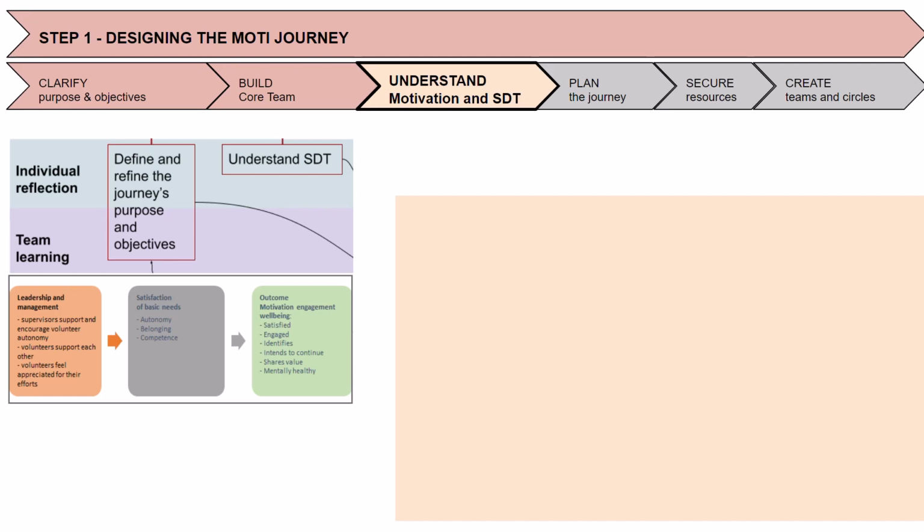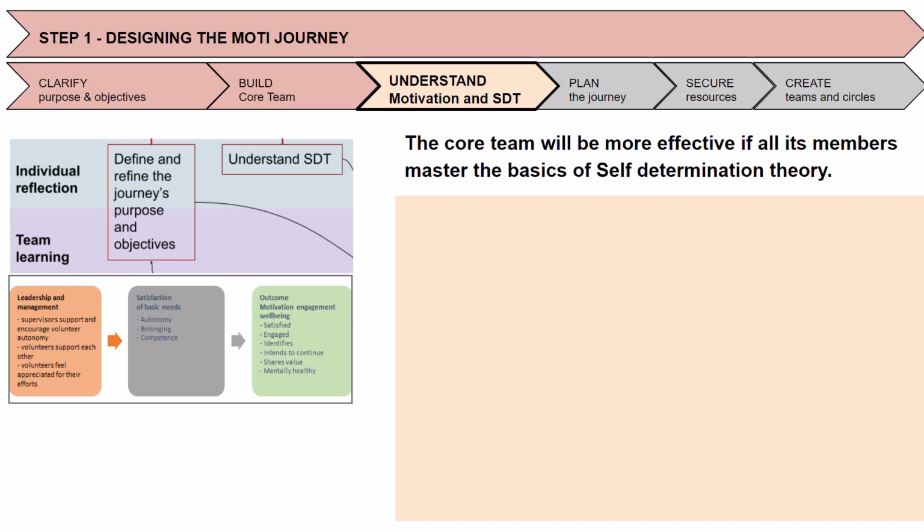Self-determination theory is also a theory on leadership and management. And really, what's important to remember is that it's not theoretical just because it's called a theory. Self-determination theory is incredibly practical, in the same way that the theory of gravity is practical. There's nothing theoretical about it.